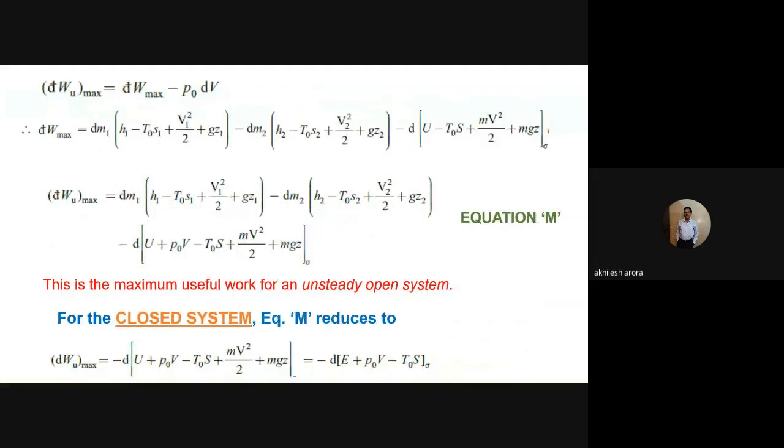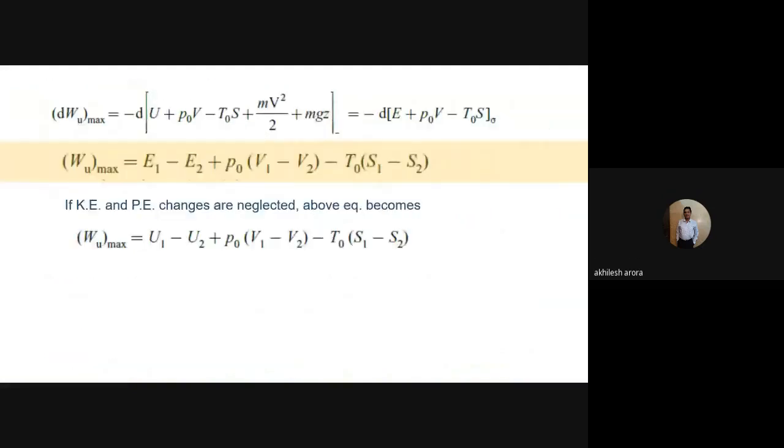Okay, and then this is the equation for the closed system maximum useful work, which is given by E1 minus E2 plus P naught (V1 minus V2) minus T naught (S1 minus S2). So this term is the additional term in comparison to the equation you remember earlier for the maximum work in case of a closed system.